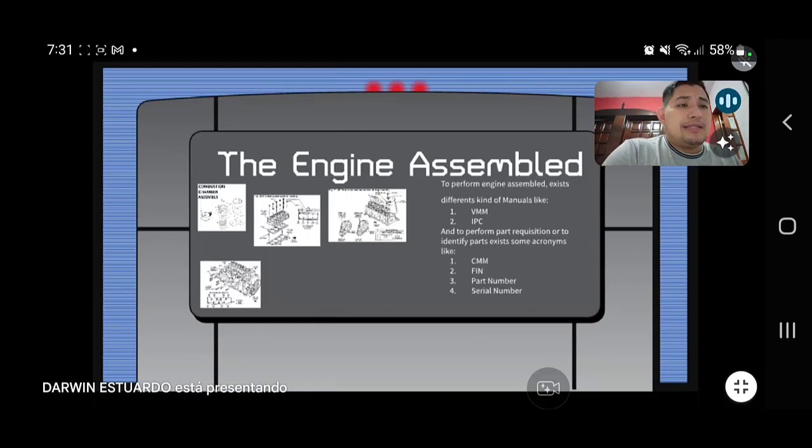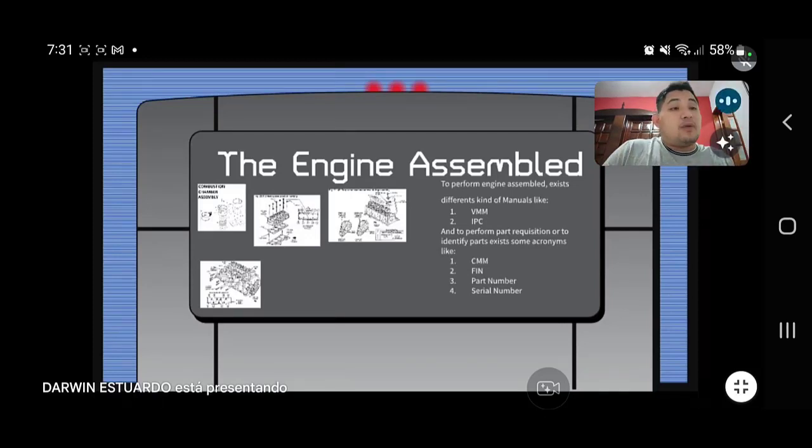How can I explain that so you understand me better? For example, the EPC manual has a catalog of the parts you will need to assemble the engine. Each piece has a part number and serial number, and with those we are going to find the piece.